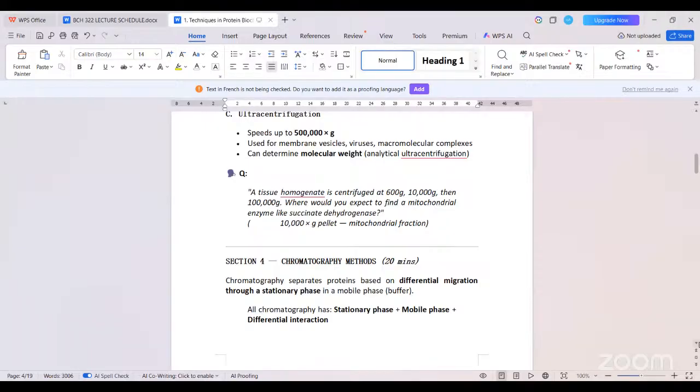What is chromatography? Chromatography is a method that separates proteins based on differential migration through a stationary phase. A column is set up.